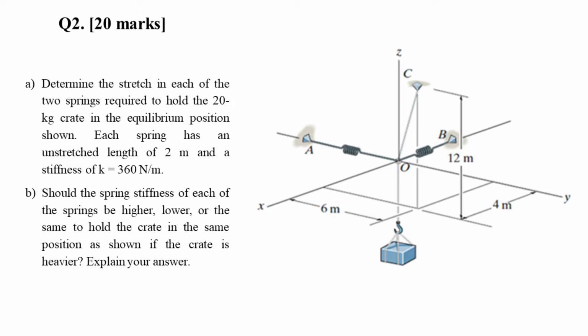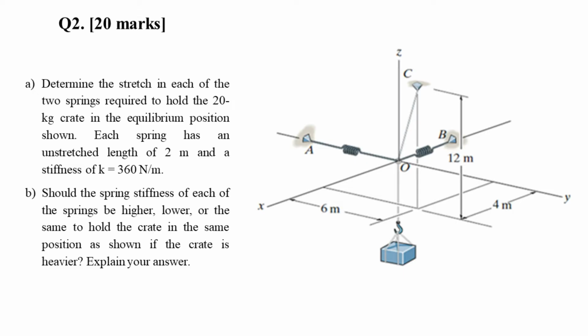So the question says, part A, determine the stretch in each of the 2 springs required to hold the 20 kg crate in the equilibrium position shown. Each spring has an unstretched length of 2 meter and a stiffness of K equal to 360 Newton per meter.